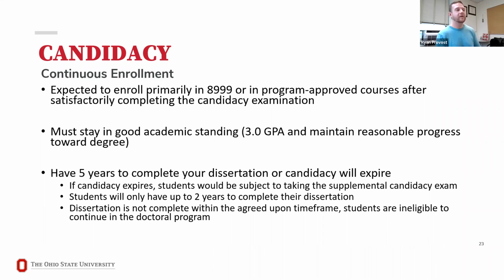If their candidacy does expire, students would be subject to taking a supplemental candidacy exam in order to get back into or remain in that candidacy status. At that point, students would only have up to 2 years to complete their dissertation. And if the dissertation is not completed in that agreed upon time frame, the student is no longer eligible to continue in the doctoral program.